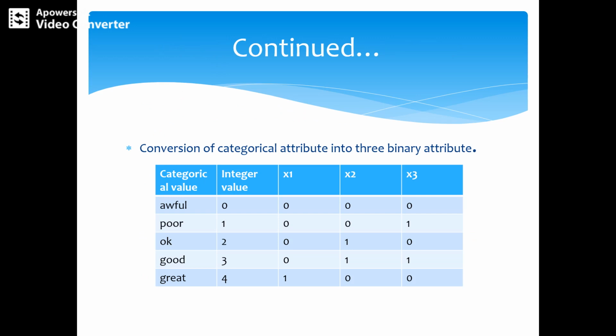Coming to this point, we will take a good example. With feature selection, the best discretization and binarization approach is the one which produces the best result for the data mining algorithm that will be used to analyze the data.